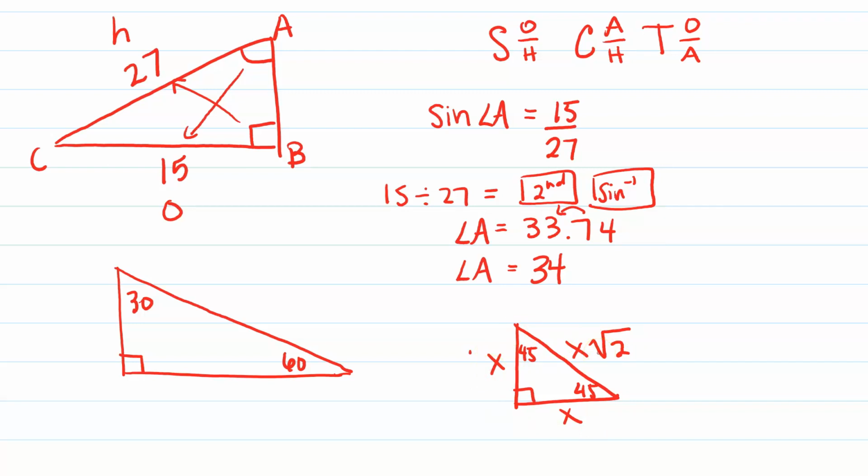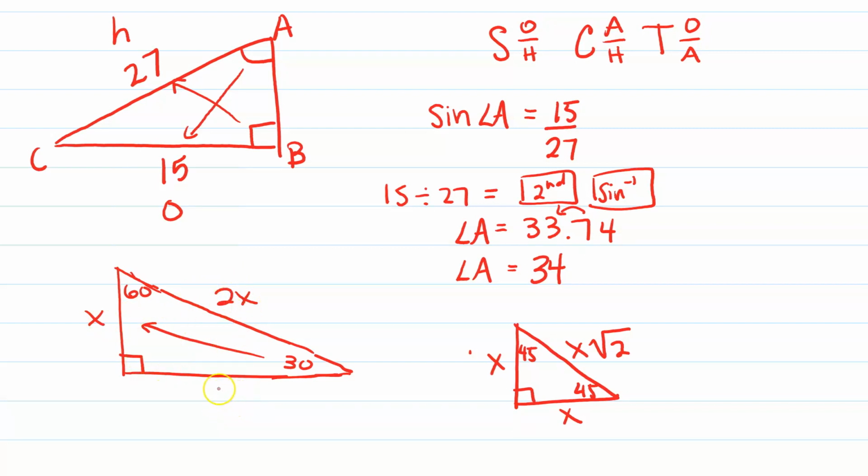On a 30, 60, 90, this actually is not labeled correctly. Let me redo this. That would have to be the 30. This would have to be the 60. The short side is across from the 30. If you know the short side and you double that, you get the hypotenuse.